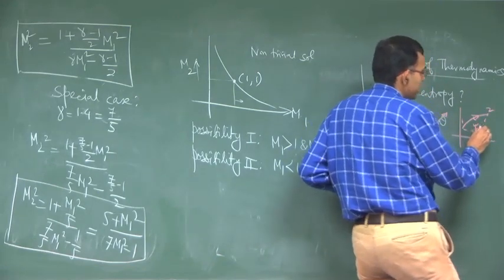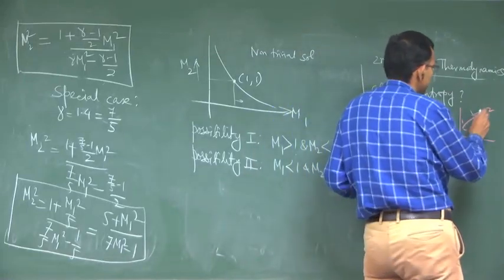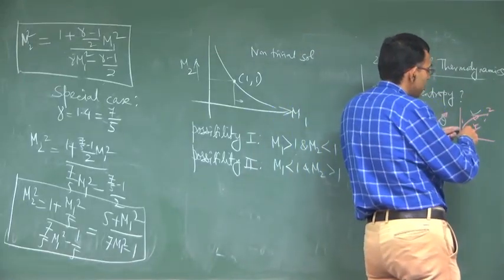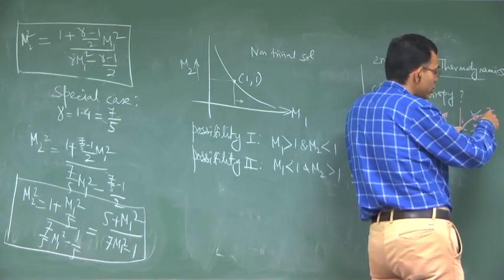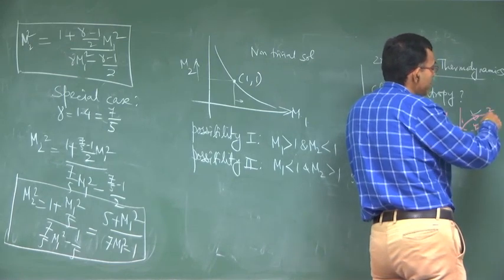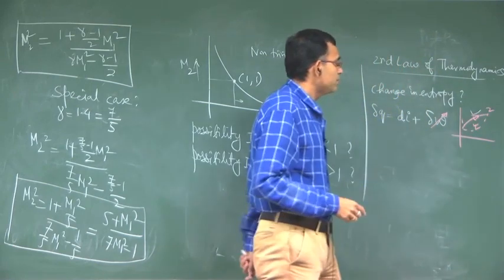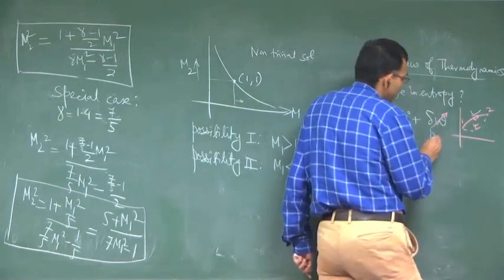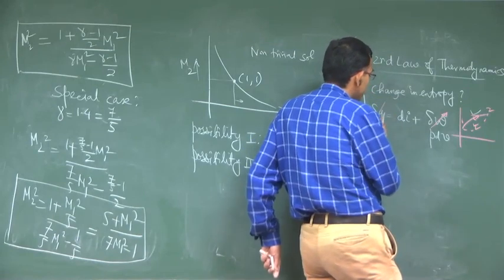This is the real process. But once we know how to calculate the change in entropy between these two, because entropy is a point function, it does not matter whether we have gone by this path or this. So, we are choosing a reversible path where you have del w equal to PdV, and not only that, del q equal to TdS.